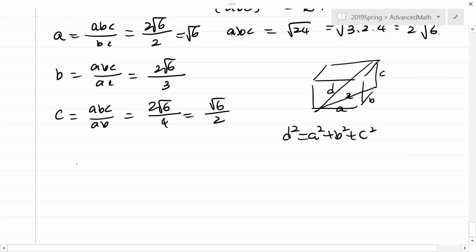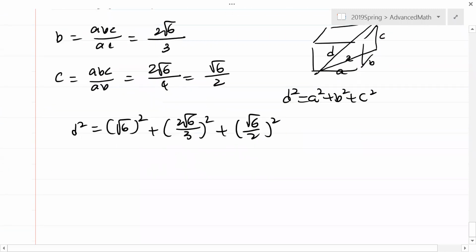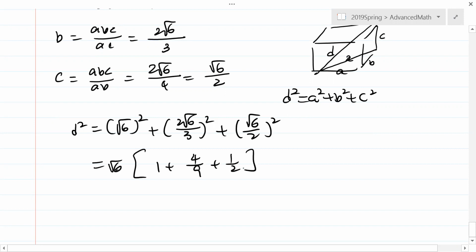So then D squared equals A squared plus B squared plus C squared. Then just add them together and simplify, and then you get the total length. Okay, 6 squared can be taken out. You don't need to keep it. It's 1 plus 4 over 9 plus 1 over 2.